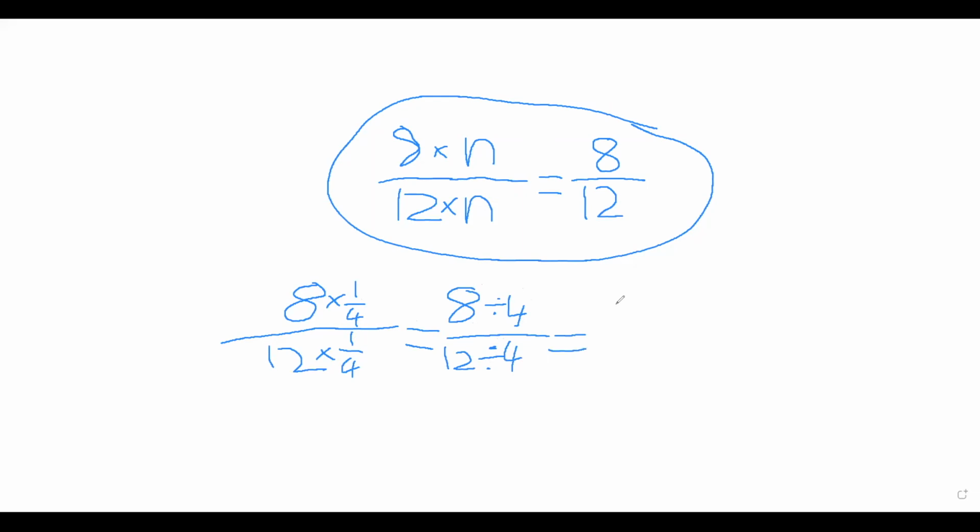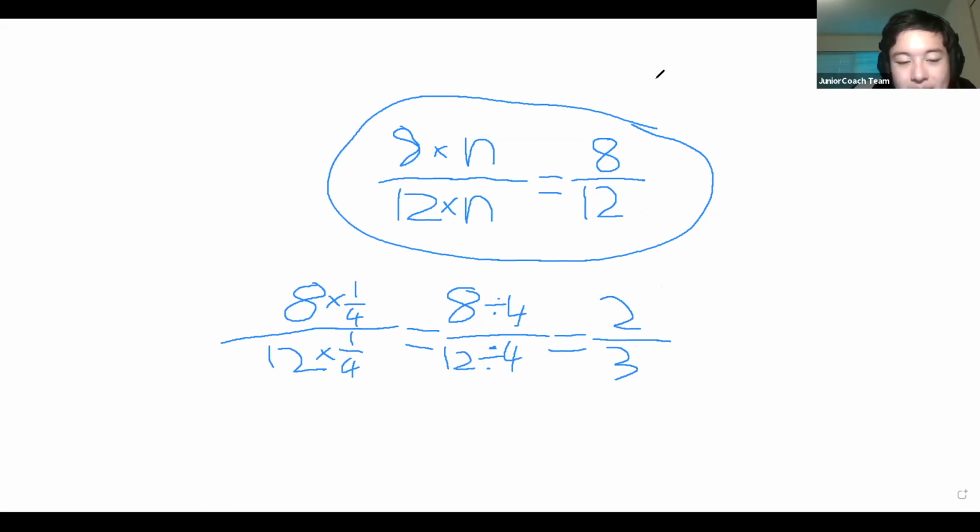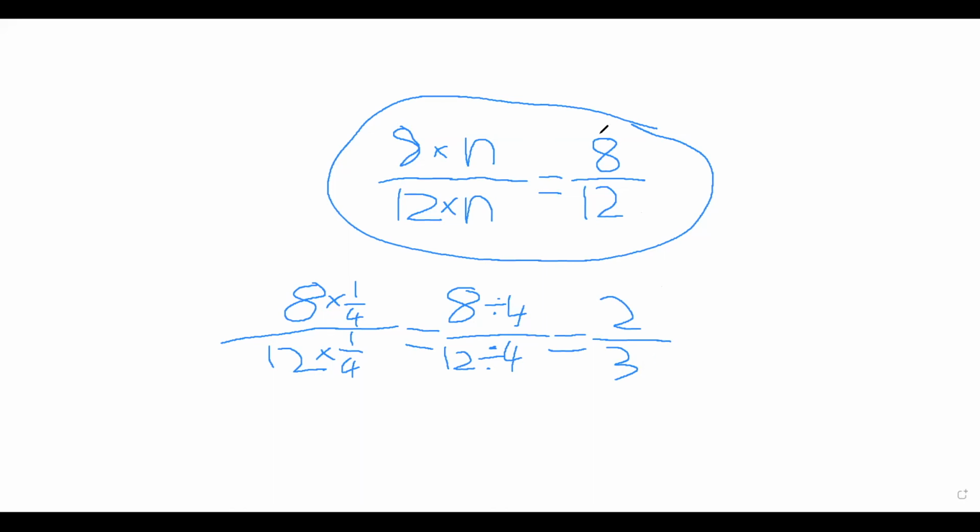So what is 8 divided by 4? 2 out of 3. Right, precisely. Because 8 divided by 4 is 2, and then 12 divided by 4 equals 3. Right, you have to divide it by the same thing. This is how you get this. It's kind of confusing, right? Once again, fractions are very, very tricky.